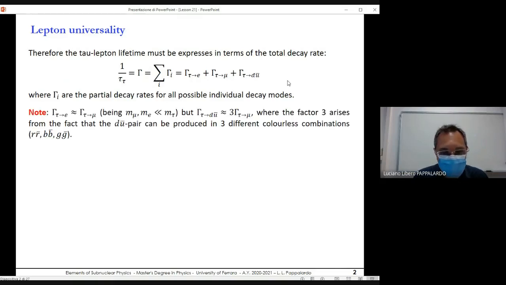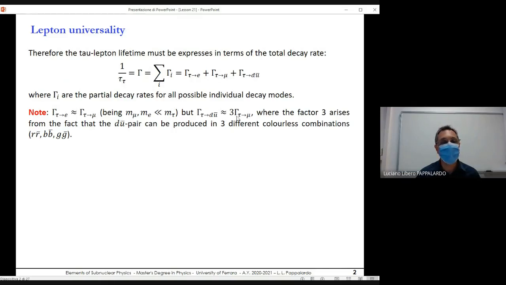Now, let us consider, first of all, that since the masses of the electron and the muon are both much smaller than the mass of the tau, we can in principle, to first order, neglect those two masses. Then one would expect that the decay width of the tau into electron and of the tau into muon must be approximately the same, apart from a small kinematic factor which accounts for the different masses of electron and muon.